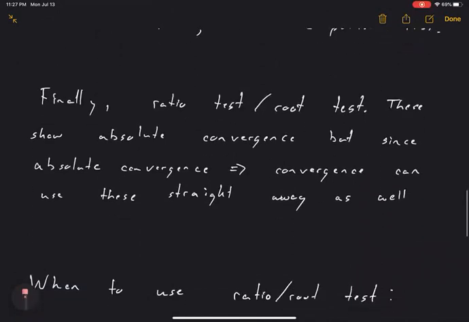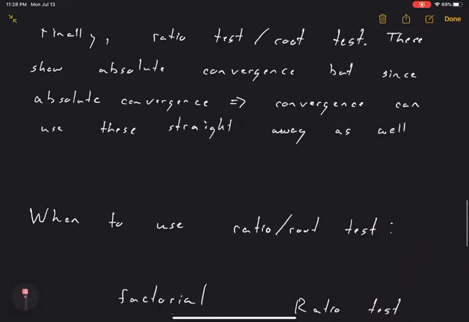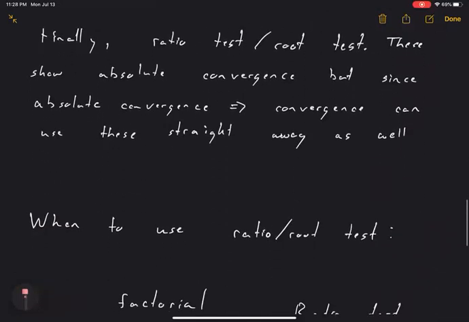Finally, ratio test and root test. We learned these in section 11.6, and we use those to test for absolute convergence, right? But remember that absolute convergence implies convergence, okay? So even if the question's not asking about absolute convergence, maybe I'm given a series a_n and I'm just asked whether it converges or diverges, and nobody mentions absolute convergence or conditional convergence.